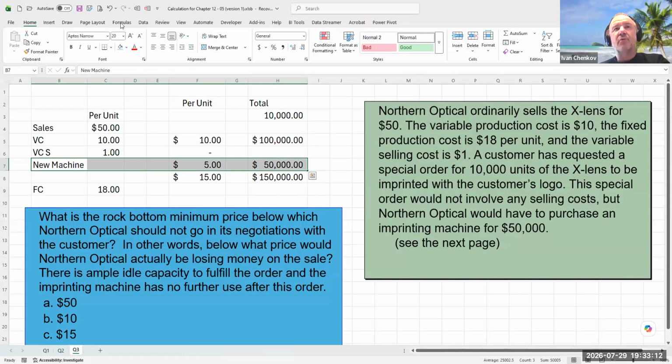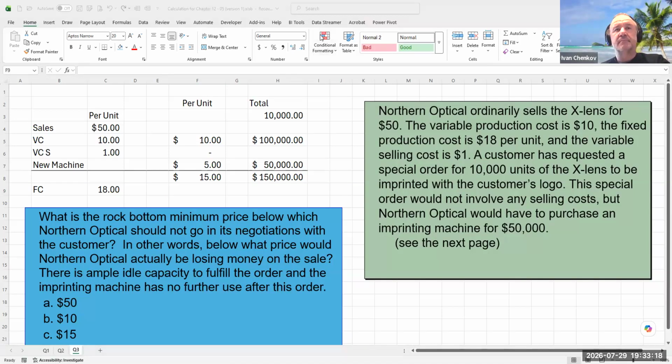So what's the minimum price per unit that we cannot go below? If the client comes and says, I'm paying you $18 per unit, are we going to accept the offer? If the client comes and says, I can pay you $14.50, are we going to accept the offer?